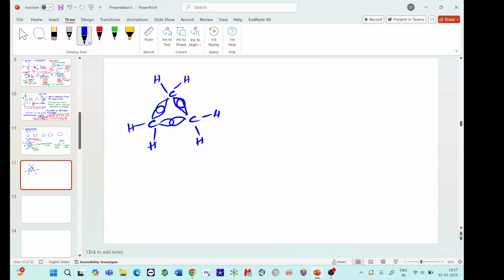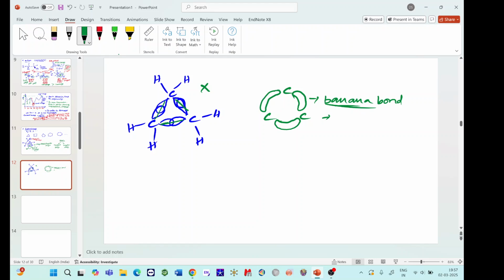But this is not the actual case. If you had the direct overlap, then it should have been almost linear, but it is not linear. So this is not true. The actual system looks something like this. This is the overlap. It is not linear, and these are called banana bonds, because it is bent in space.